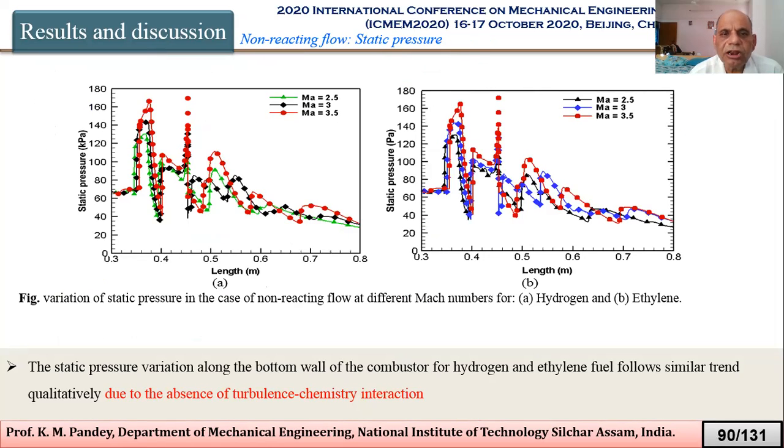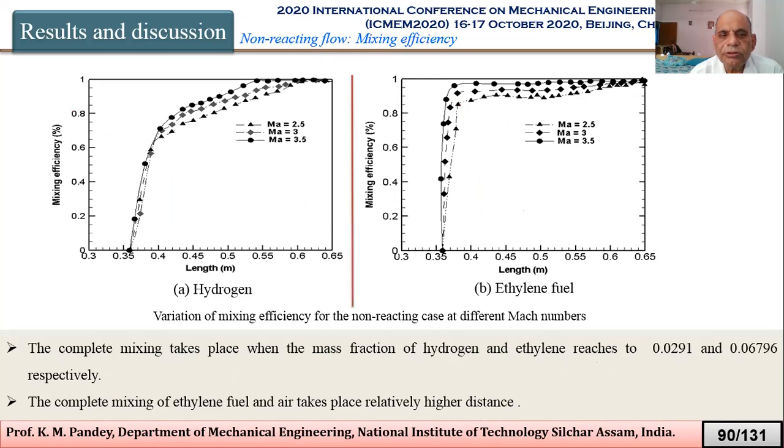Then this is about non-reacting flow, this is the analysis of static pressure. And here we observe that the static pressure variation along the bottom wall of the combustor for hydrogen and ethylene fuel flow shows a similar qualitative trend due to the absence of turbulence chemistry interaction. And we have done this for Mach number 2.5, 3 and 3.5. So these are non-reacting flow mixing efficiency.